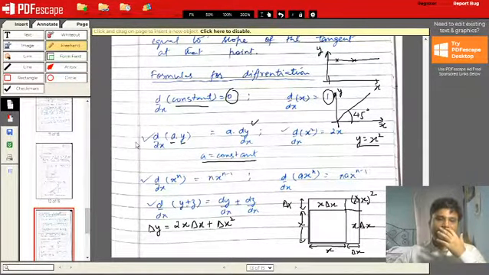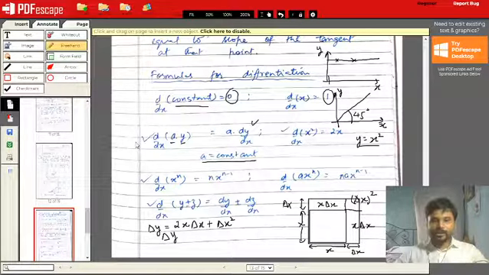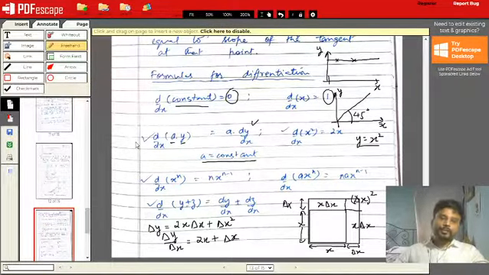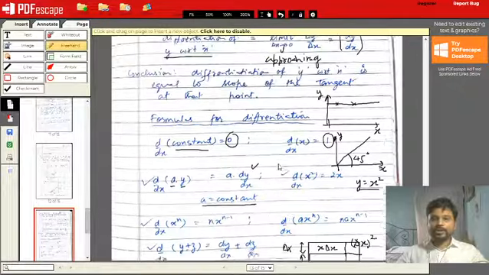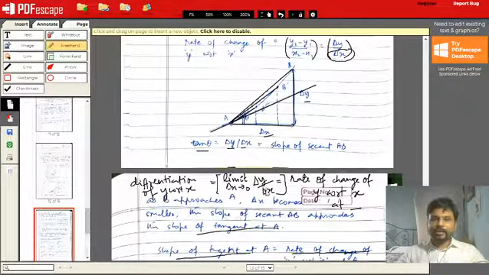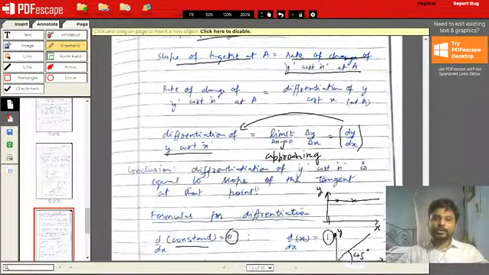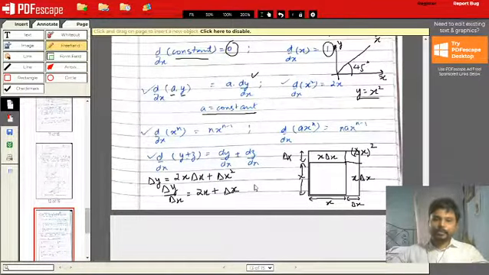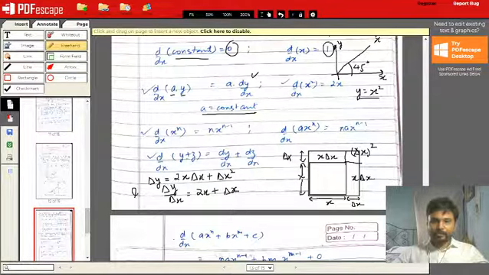Now divide both sides by delta x. So we get delta y by delta x is equal to 2x plus delta x. We define differentiation as change in y divided by change in x, with the limit that delta x is approaching 0. So let us put a limit that delta x is very small.